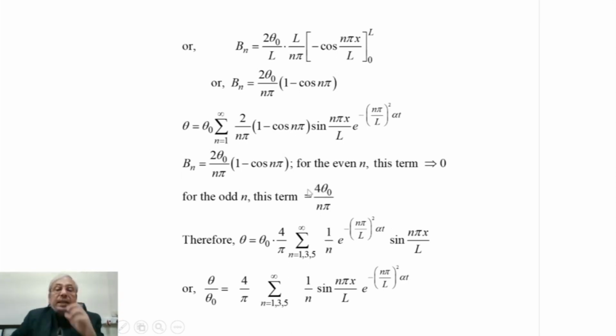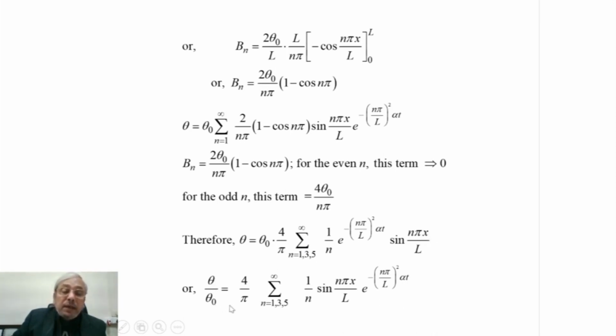Since Bn is 4 theta naught divided by n pi, this whole quantity we can write as theta naught into 4 by pi, and 1 by n we take inside, because this is summation over n, and e to the power minus n pi by L square alpha t sine n pi x by L.